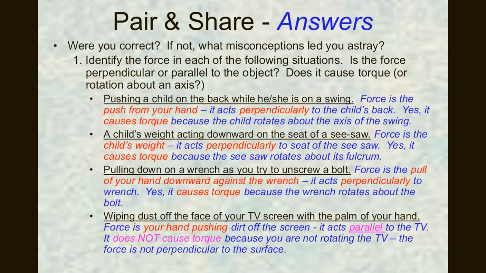Hopefully you've got some kind of towel or anything like that, not using your bare hand, but that force is acting parallel to the TV. This does not cause torque because you're not rotating the TV, and it's not perpendicular to the surface. So that's parallel to the surface. So key takeaways: make sure that the force is perpendicular and that it is causing rotation.